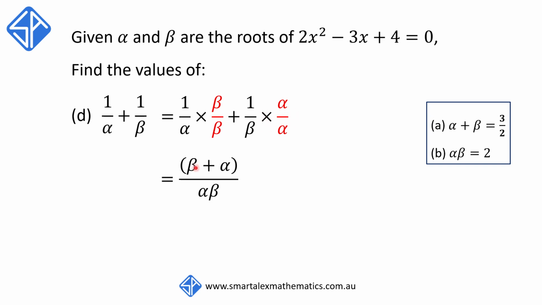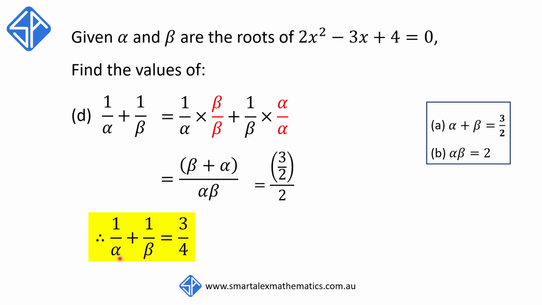And this is going to give us beta plus alpha over alpha beta. Beta plus alpha is the same as alpha plus beta. It's commutative. So we're going to replace this with 3 on 2, and the alpha beta gets replaced by 2. And this is going to give us 1 over alpha plus 1 over beta is equal to 3/4.